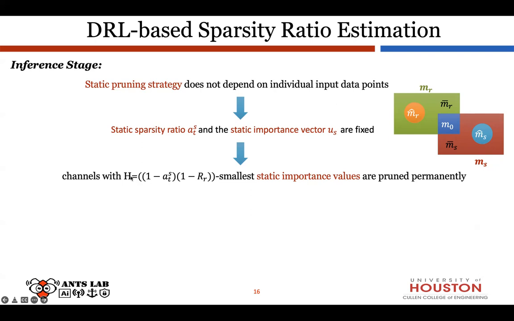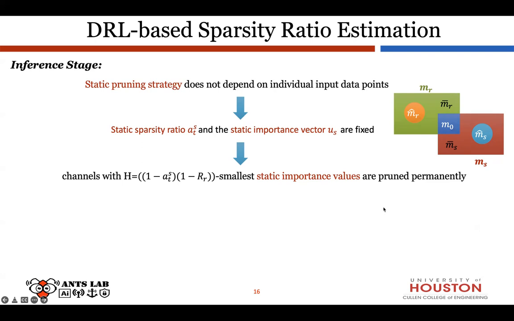So the channels that can be determined by the static scheme are M0 plus MS hat. And at least we need to prune MS hat channels recommended by the static scheme.